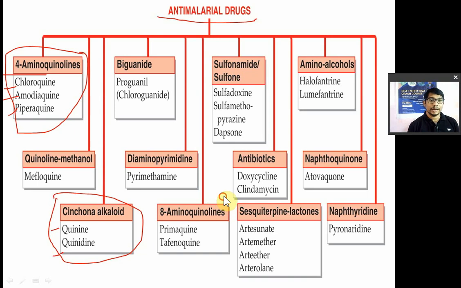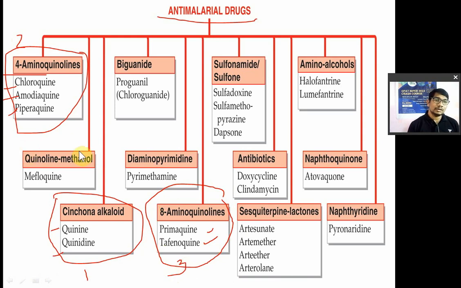Third class is the 8-aminoquinoline derivative. What are the examples of 8-aminoquinoline derivatives? Remember primaquine, tafenoquine and bulaquine. Antimalarial drugs: first class cinchona alkaloid, second class 4-aminoquinoline derivative, third class 8-aminoquinoline derivative, right?